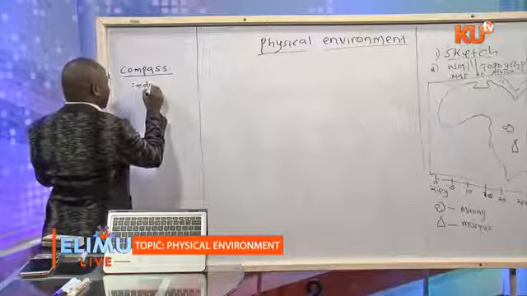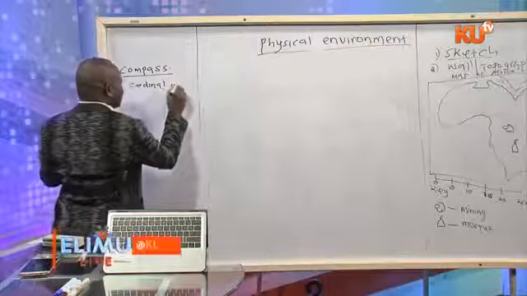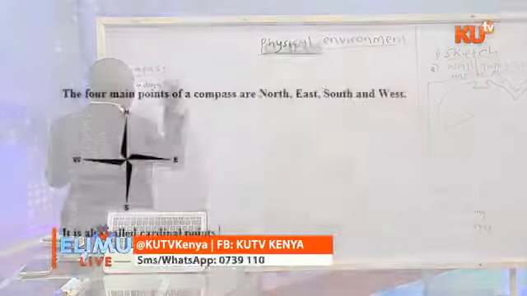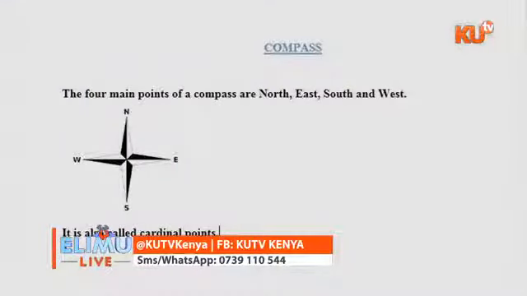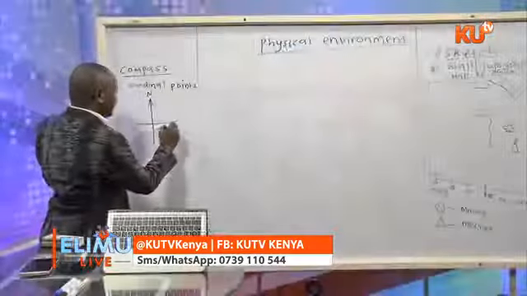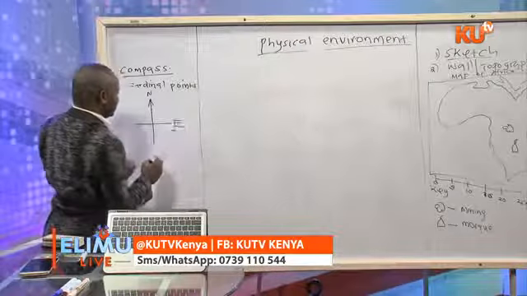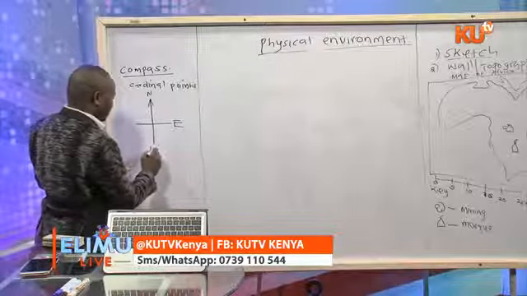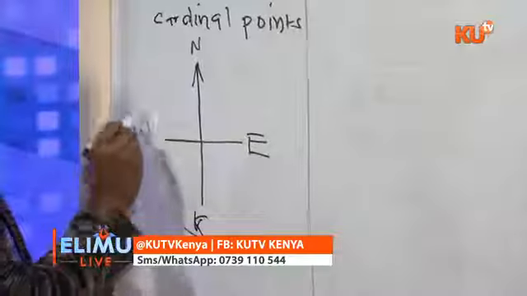We can as well call it cardinal points, the first 4 cardinal points. And the cardinal points are as shown on the board here. This is the part where the arrow points. It is north. This one is east, south, and west.